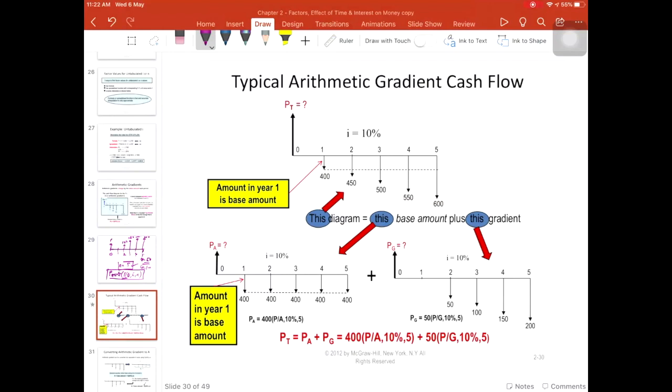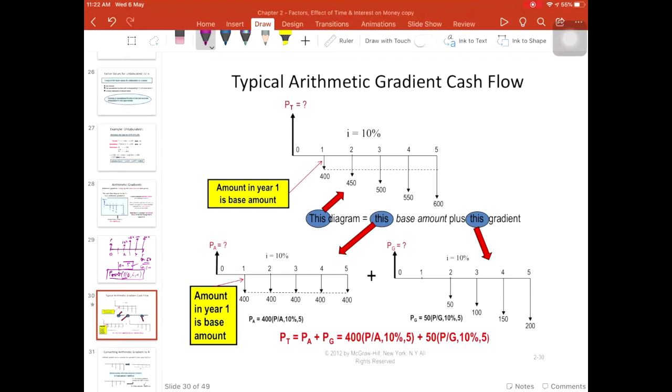Year 1 is RM400, year 2 450, year 3, 500, year 4, 550, year 5, 600 ringgit. That means that the base is a year 1, correct? And then the gradient start at year 2. That means we have to minus for the year 1 so that the G, the gradient is a 50 ringgit only. Yeah? Okay, so for this diagram, you have to separate calculation.